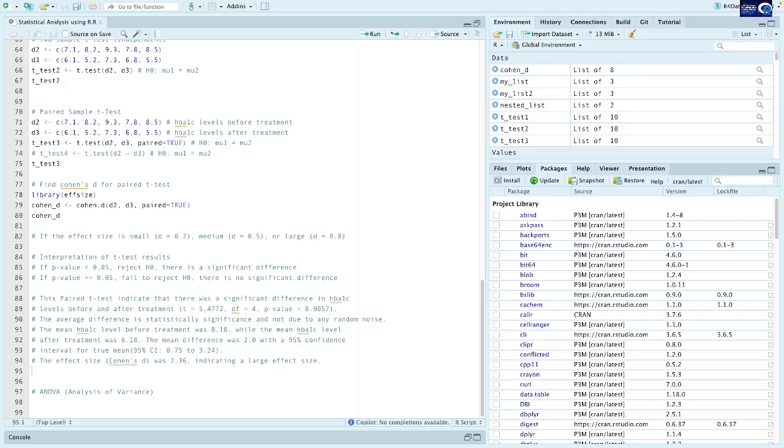Okay, we will be using the box plot to visualize this.